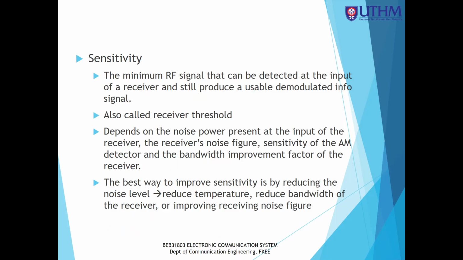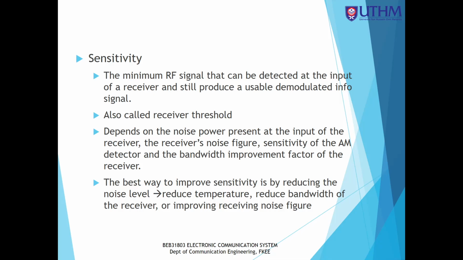The second parameter is the sensitivity. Sensitivity defines the minimum RF signal that can be detected. If your receiver can detect a very small amplitude of signal, that means your receiver is very sensitive. Because when the signal travels from transmitter to receiver, the signal will attenuate. So when it arrives at the receiver, the amplitude will be much, much smaller.